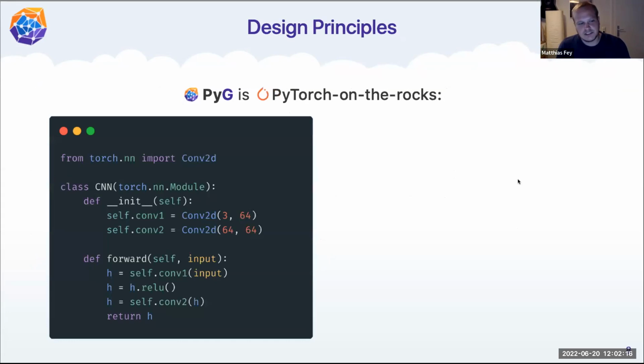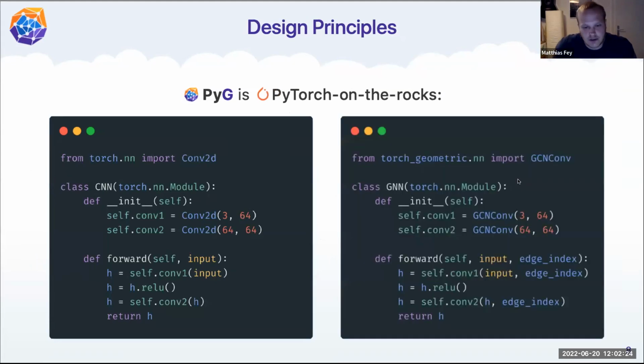And so for myself, I like to frame PyG as PyTorch on the rocks. And what that means is shown in the given figure. On the left side, we have a two-layer CNN. And it follows the classic PyTorch principles of defining operators in the init of a module, and then defining the computation graph as part of the forward method.